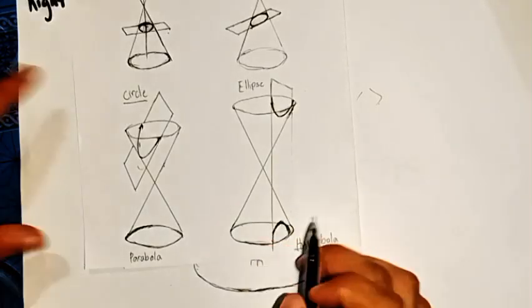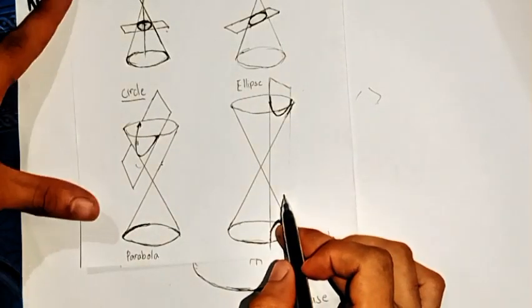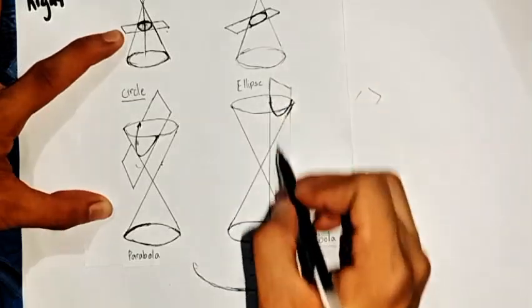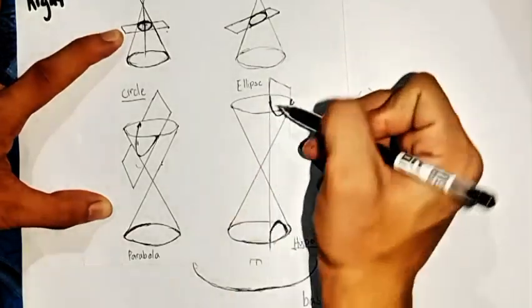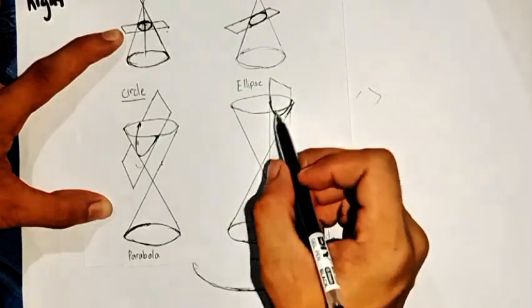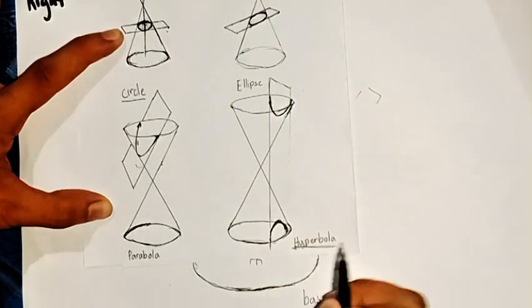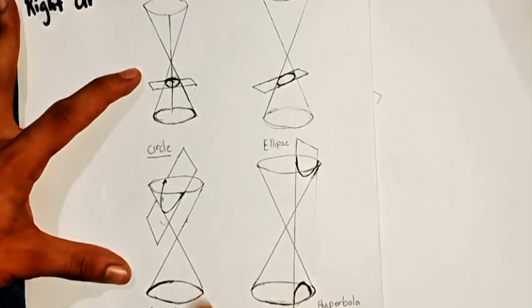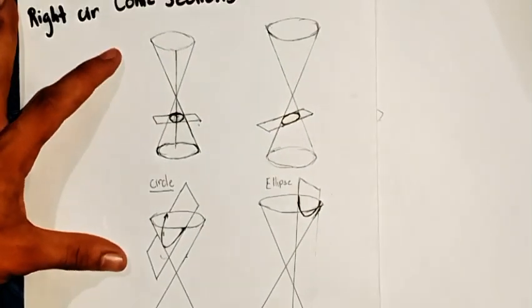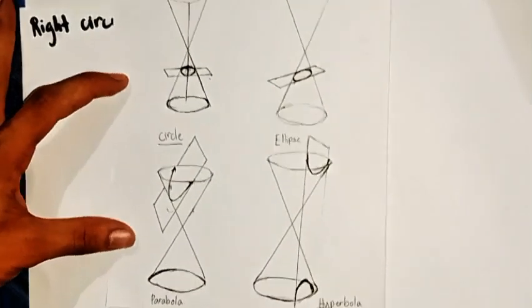And if a plane cuts the right circular cone vertically, imagine this is our plane, we can create two curves, and these are called the hyperbola. Now, these are the types of conic sections: circle, ellipse, parabola, and hyperbola.